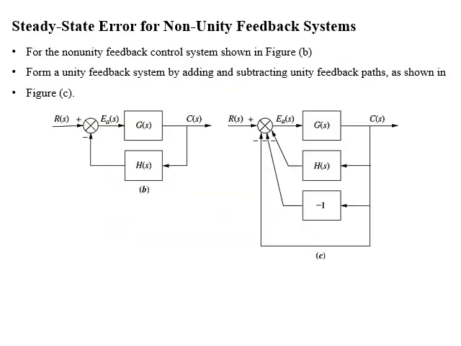Dear students, now we will start converting our non-unit feedback system into a unit feedback system. Figure B represents a non-unit feedback system. For converting it to a unit feedback, we will add two branches in the feedback path with a gain of +1 and -1.